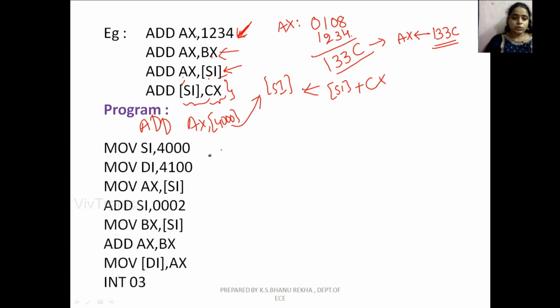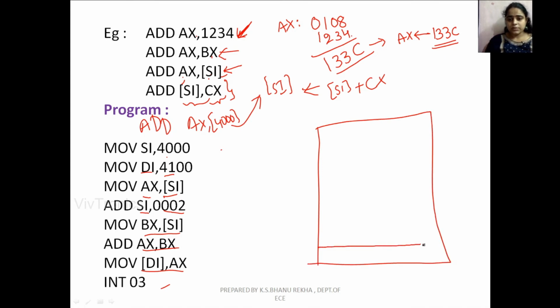So this is the program that I am going to explain now. MOV SI comma 4000, MOV DI comma 4100, MOV AX comma content of SI, ADD SI comma 0002, MOV BX comma content of SI, ADD AX comma BX, MOV content of DI comma AX. Let me explain it theoretically, and then I will run it in the emulator.